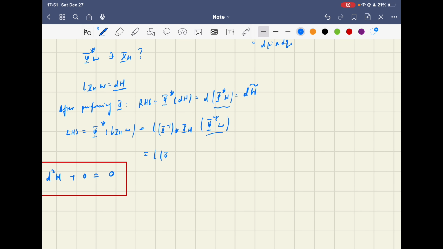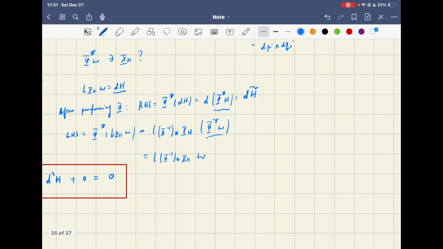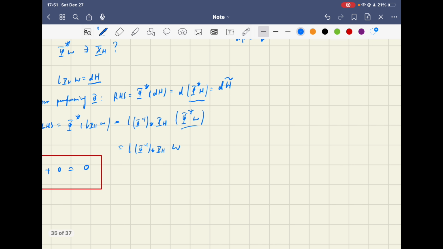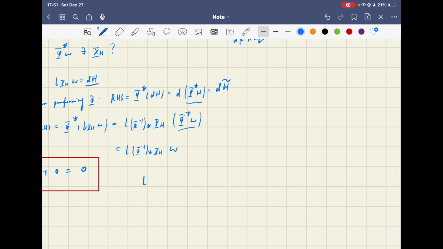We will yield this equation when you equate the left hand side with the right hand side.